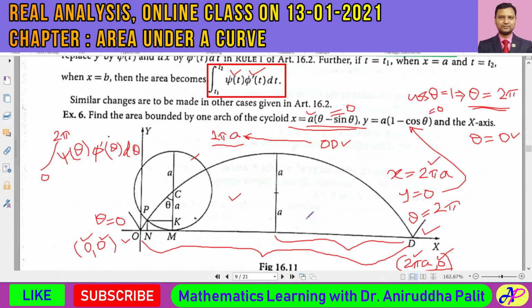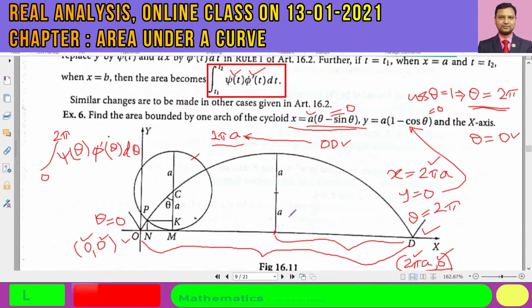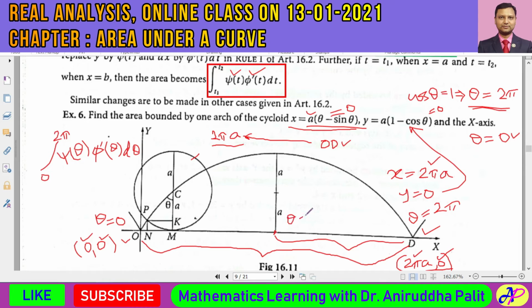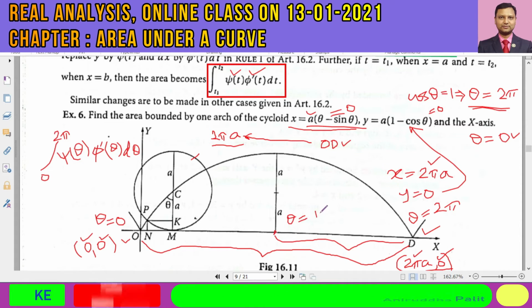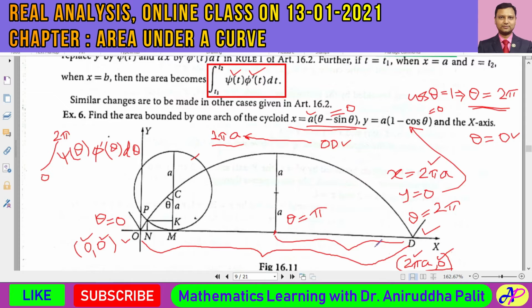Just multiply this area by 2, then you will get the total area over here. At the point O, theta is equal to 0, and at this point theta would be equal to pi. You can check this at this middlemost point over here. At the right side theta is equal to twice pi, on the left side theta is equal to 0, and at the middlemost point theta would be equal to pi.